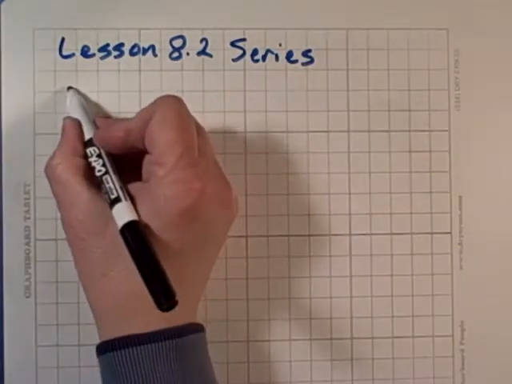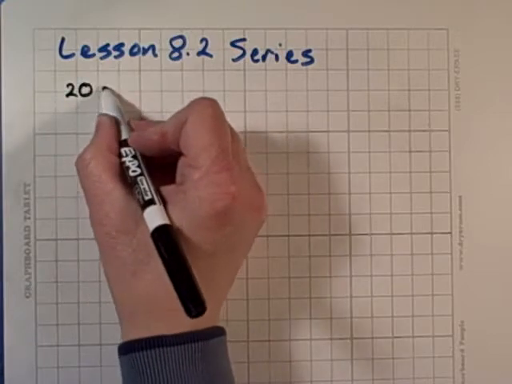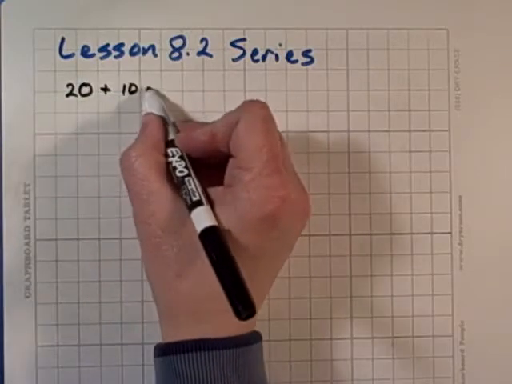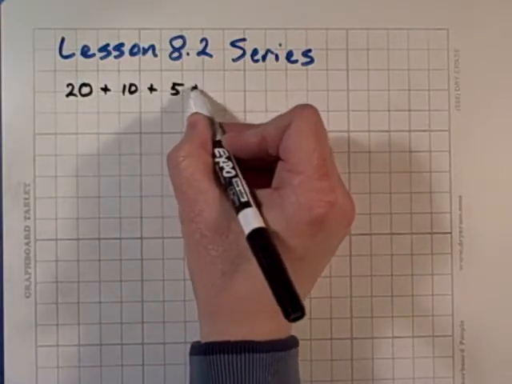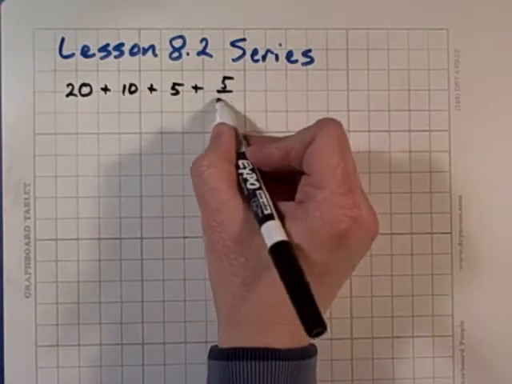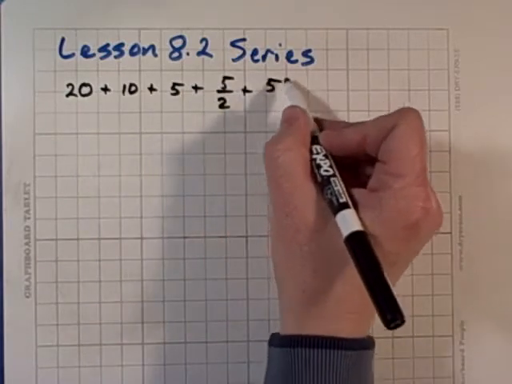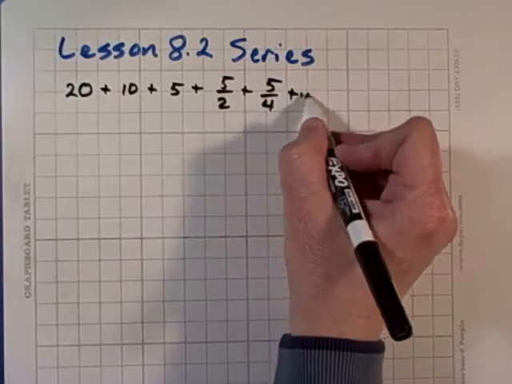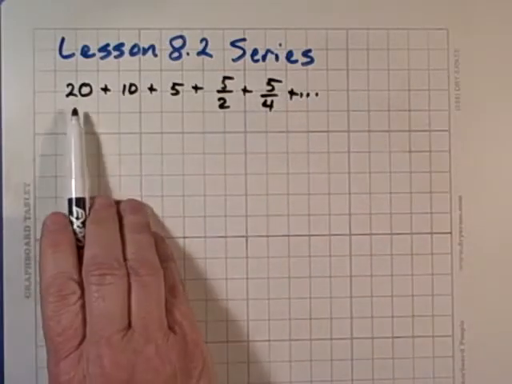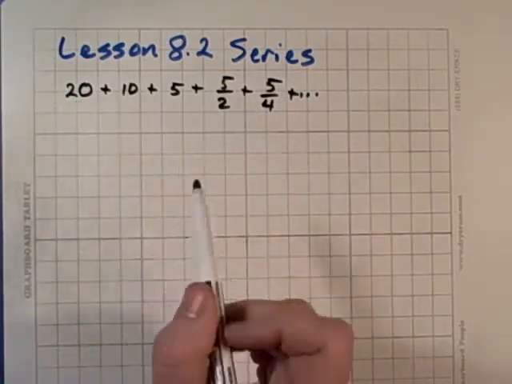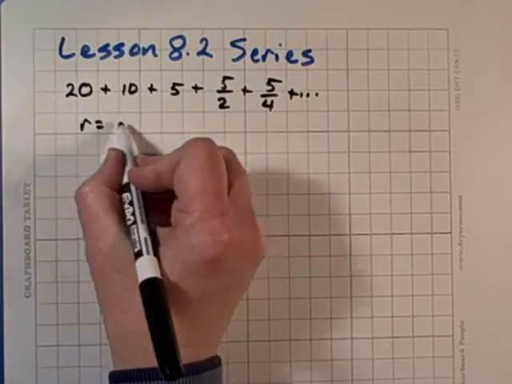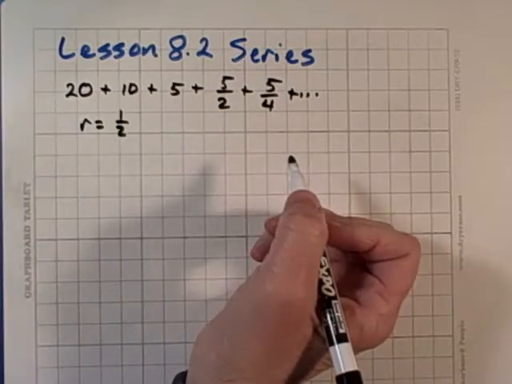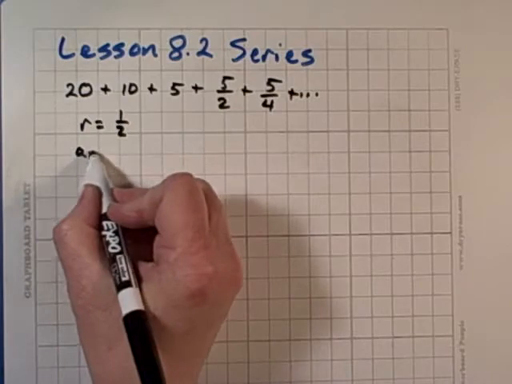A series that we are familiar with would be 20 plus 10 plus 5 plus 5 halves plus 5 fourths. We should recognize that it's geometric. The common ratio is 1/2. The first term, of course, is 20.